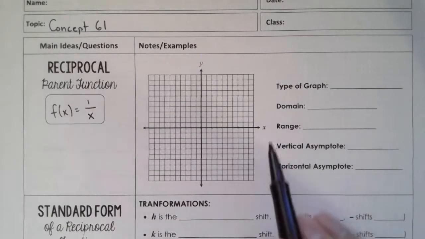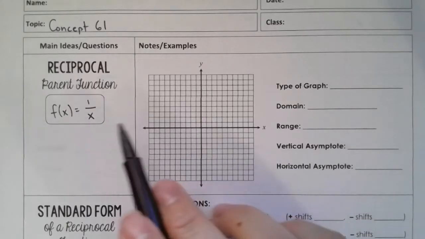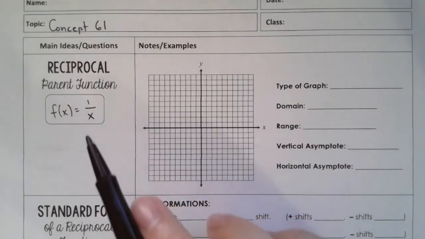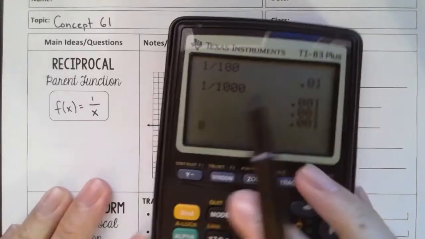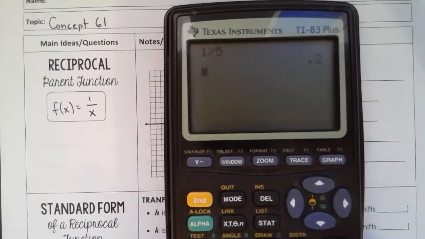Now, if I approach 0 going this way, if I'm plugging in smaller x's, it keeps getting bigger. So like, let's start at 1 over 5. I have 0.2.